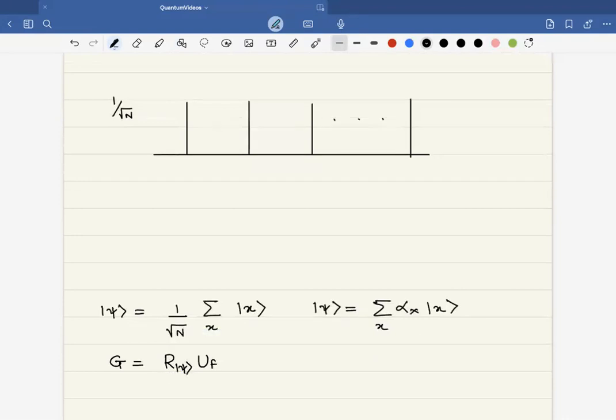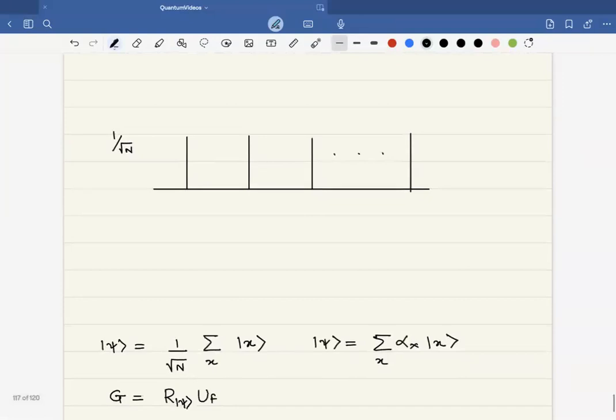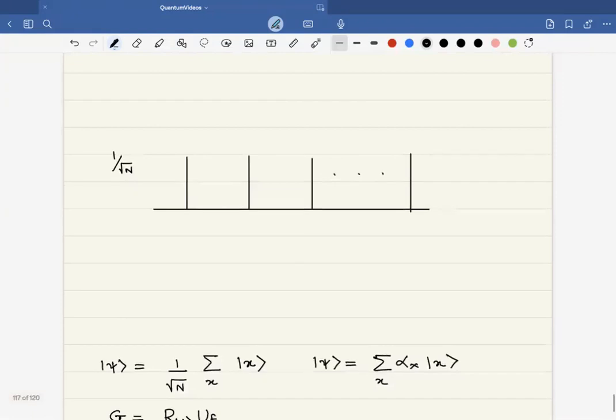So U of f marks the element, and let's say only one element is marked for the sake of simplicity. So what does U of f do? It takes the marked element and attaches a negative sign to it. So let's do that over here. Let's say this element is marked, then this is going to be a negative sign. Let me call this x star, alpha x star is over here.